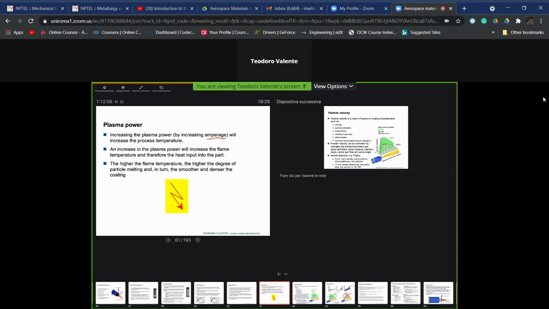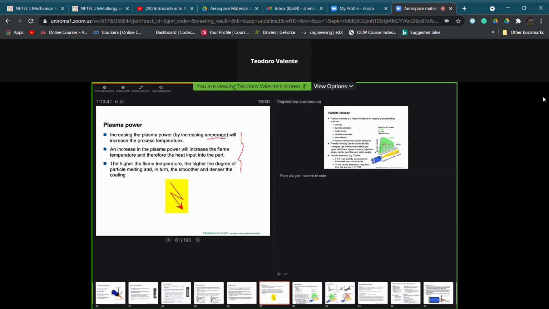But this must be considered together with another aspect. First of all, we cannot think to increase the plasma power to an infinite level, otherwise we will destroy our torch. And remember that of the power that we put inside the torch, have in mind the necessity to cool the electrodes, just some few percent is the power which is used for the process, that is, to melt the powders.